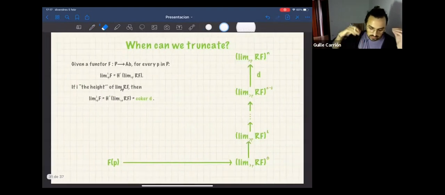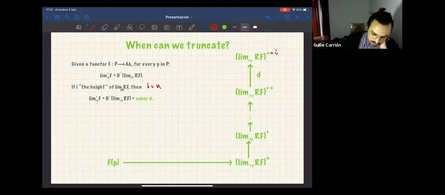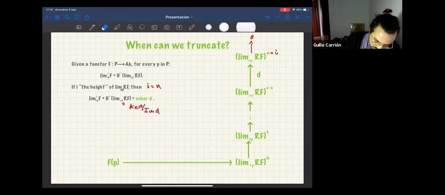And if we look at the higher limit of the matching object, where I is n, then by definition, this is the cokernel of the map from D, but this is lim^n, which is this.